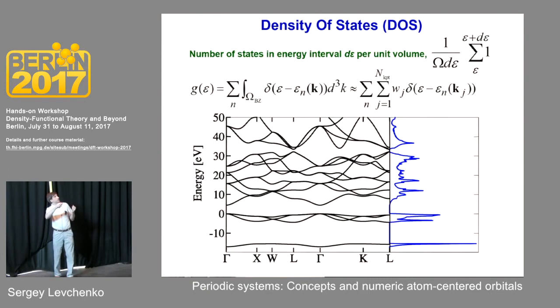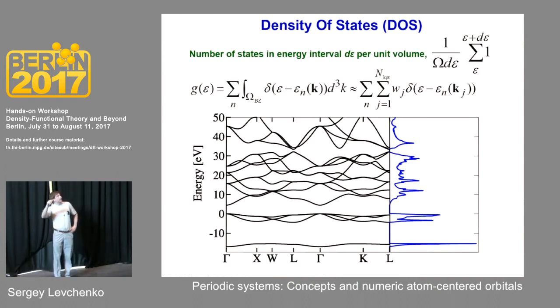The density of states is simply a number of states within an energy unit per volume of a solid, which is calculated like this. So this means that it has the units of states per energy unit per volume unit.